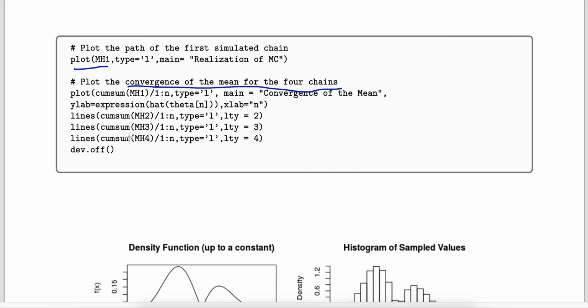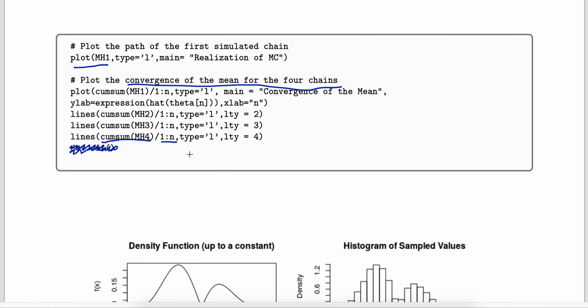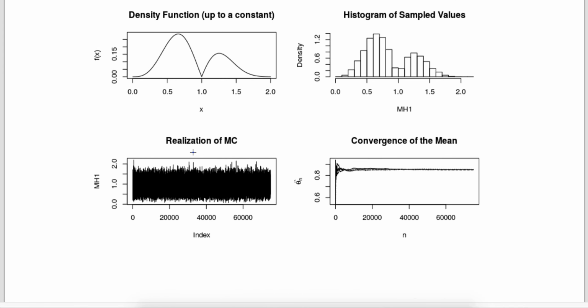So for each of these, notice the command here is the cumulative sum of our chain over 1 to n. So the first entry there would be the first state divided by 1. The second entry would be the sum of the first 2 states divided by 2. The third entry would be the sum of the first 3 states divided by 3, and so on. So I get that cumulative sum. This part, don't worry about unless you opened a PDF device or something to store it. Just ignore that bit.